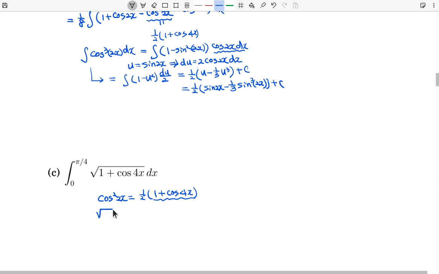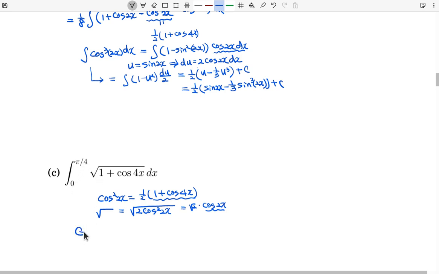So that radical is the same as the square root of 2 cosine squared 2x, right? x will move from 0 to pi over 4, so we can eliminate the radical along with the square without an absolute sign. The number will be square root 2, and then cosine 2x, which is positive between 0 and pi over 4.